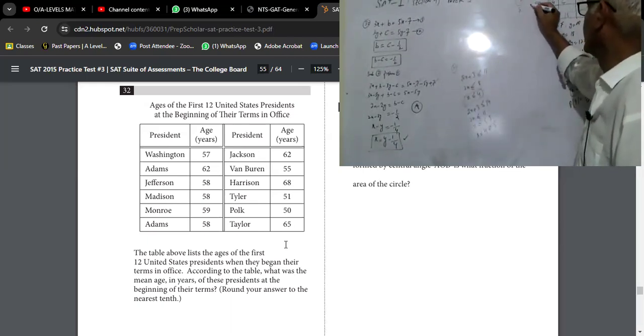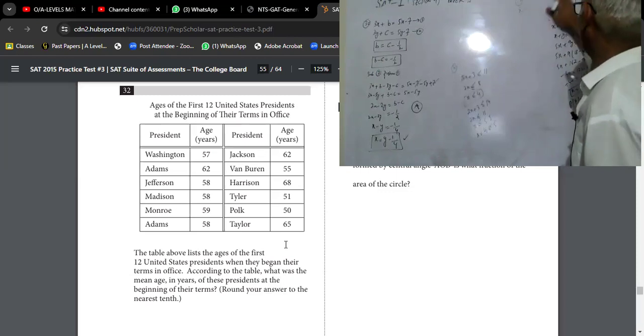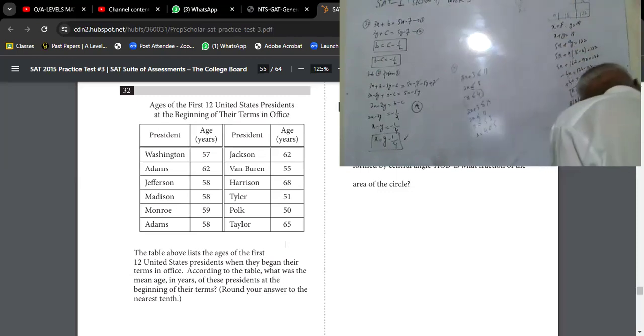So mean is basically the sum of observations over the total number of observations.